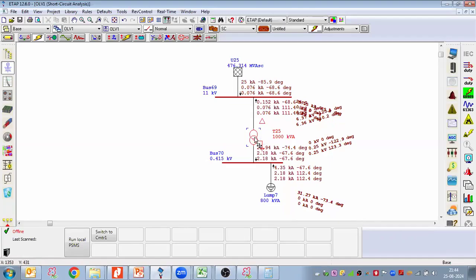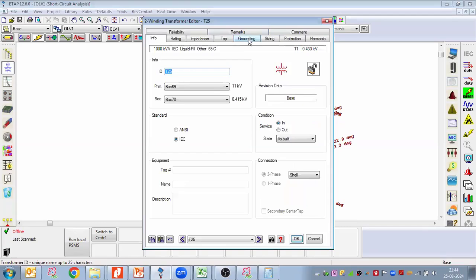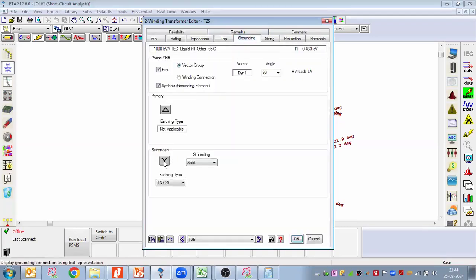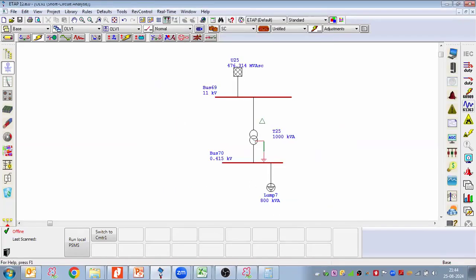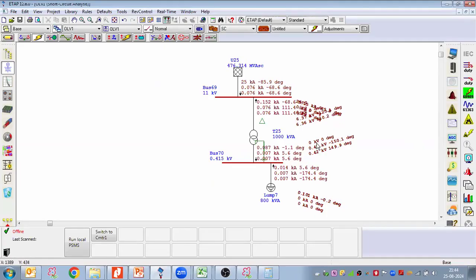Now if I just change the transformer secondary winding grounding type from solid effective grounding to the resistive grounding, and then in this incident, if any fault occurred on this LV side bus, then this fault value would be more than phase voltage.